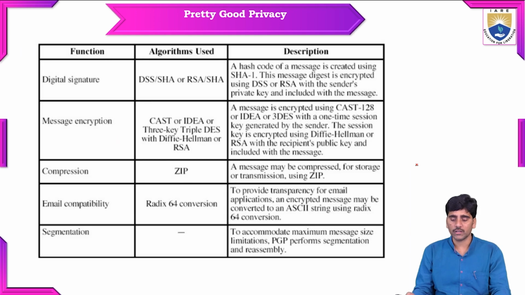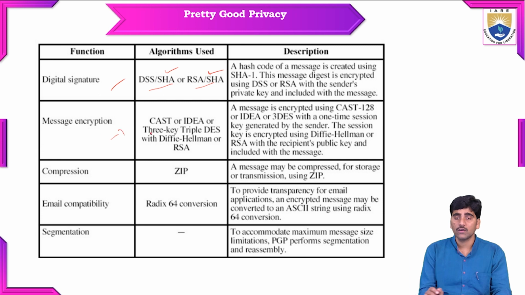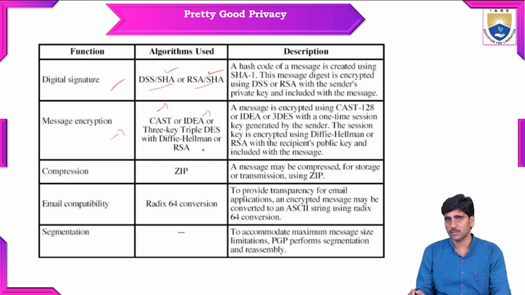Here we can see all the services working like functions. Digital signature is one, and the algorithms used for the digital signature are DSS with SHA, or RSA with SHA. For message encryption, we can use CAST, IDEA, or three-key triple DES with Diffie-Hellman or RSA.